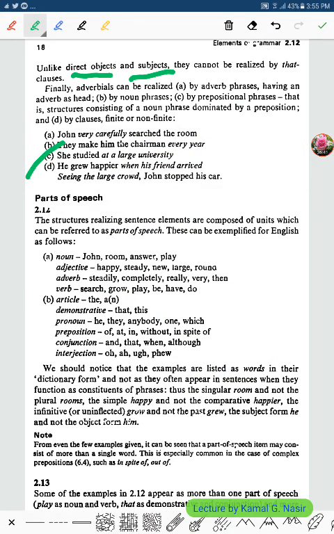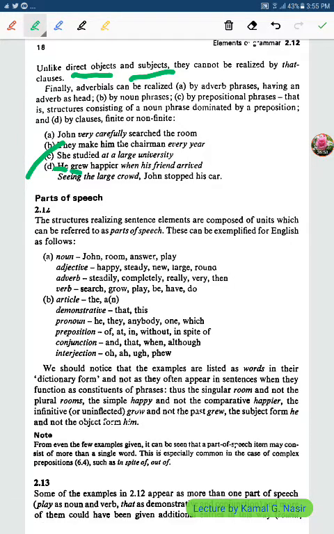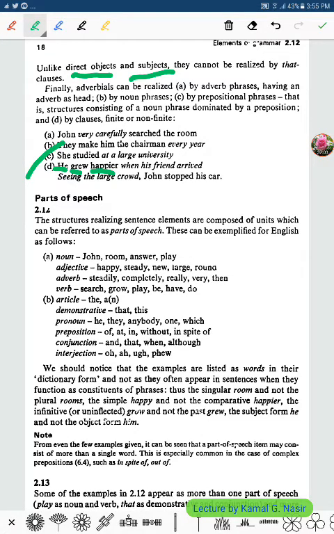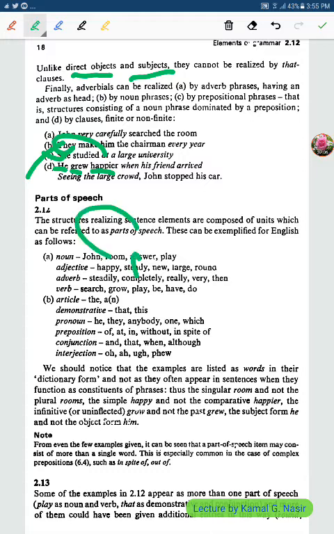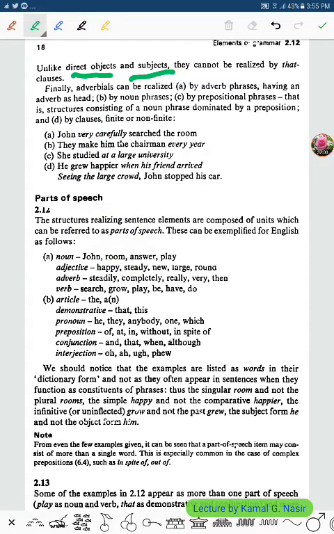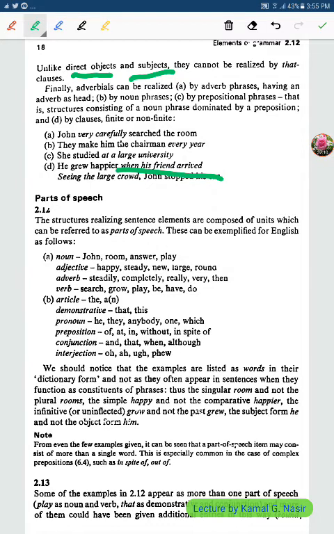He grew happier when his friend arrived. He is the subject. Grew is the verb. Happier is the subject complement, because who is happier? He. When his friend arrived is all an adverbial phrase.